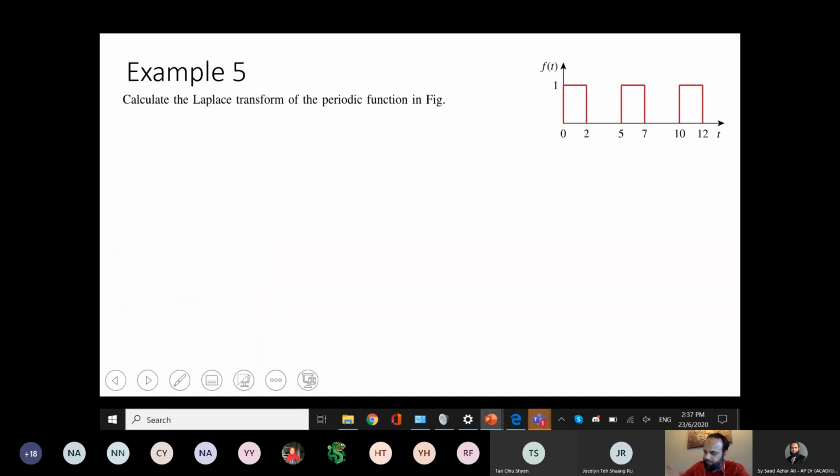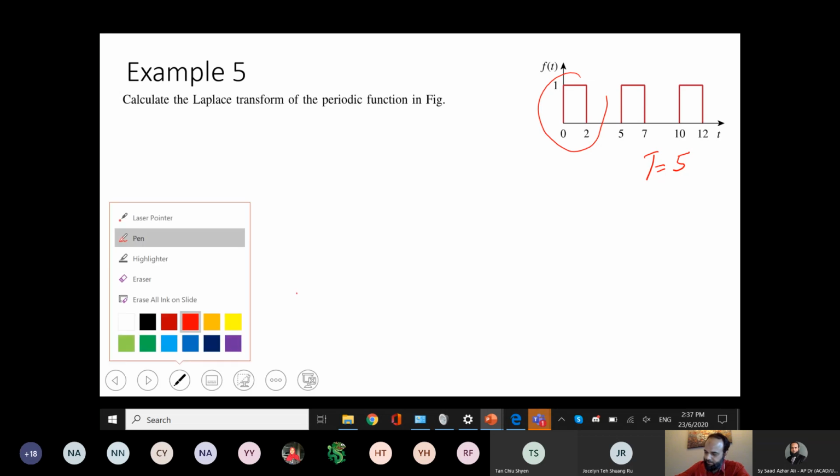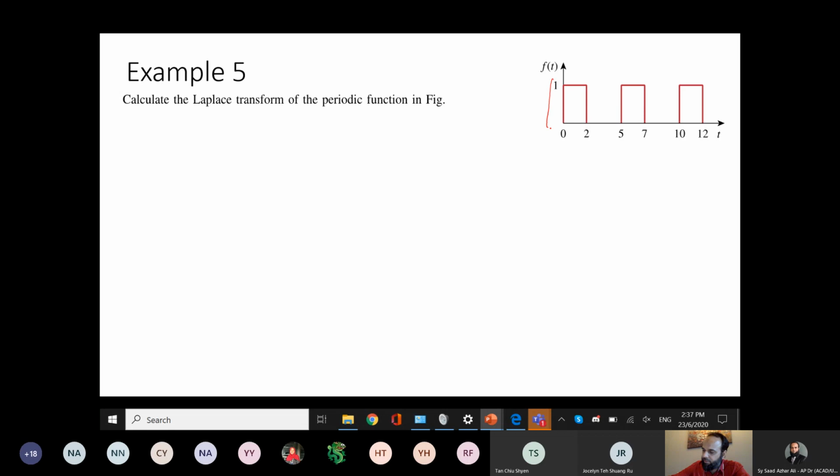So we can say that T equals 5. You need to find the Laplace of this function for a period of 5, then we can simply use the property.